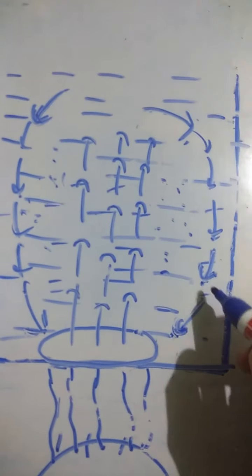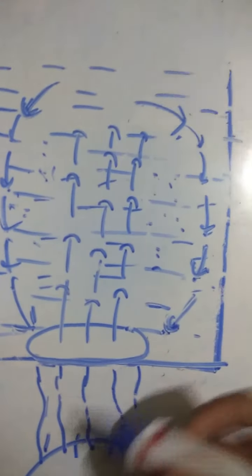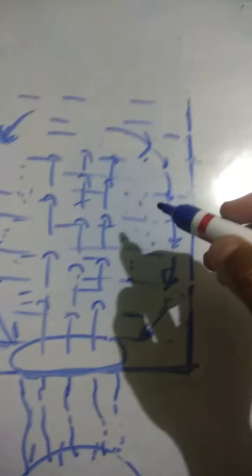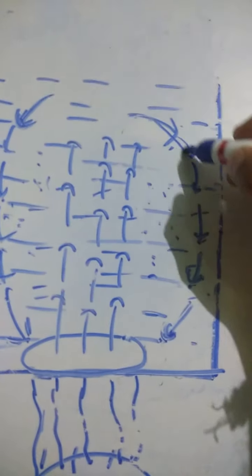So the same phenomenon will occur for the entire side particles. It means one by one all side particles will come here, and after getting heat will move up, and you will see that there is a circulation of fluid.